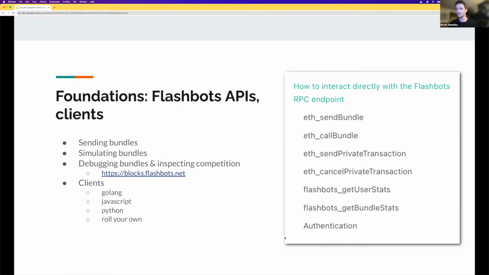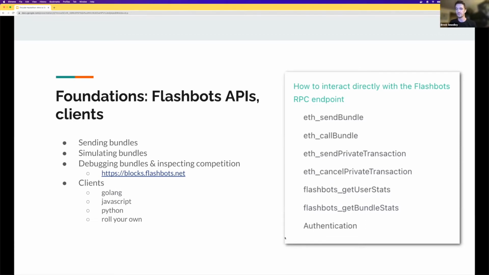And then bundle stats. This is essentially a debugging method. If you try to send a bundle to a specific block and it doesn't get mined, or even if it does get mined and you just want to know more about it, you can call this method with your bundle hash, which is returned from prior calls, and a block number.